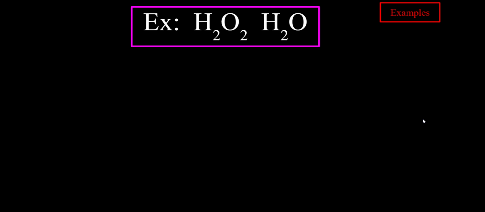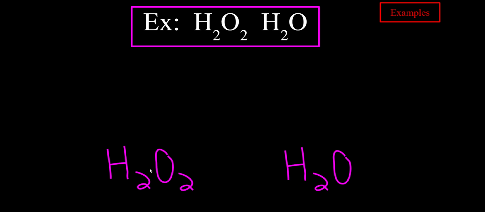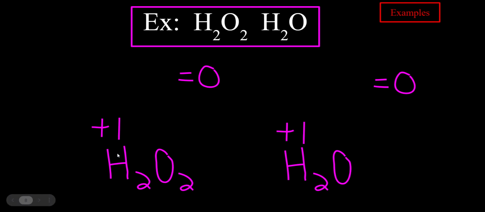All right, now here's a peroxide. What's the oxidation state of oxygen? Now, it being a peroxide, you have to start with the hydrogen. And you know that hydrogen's +1, and you know that the overall charge is 0, okay? And the reason hydrogen's +1 is because hydrogen's with a non-metal, not a metal, all right?